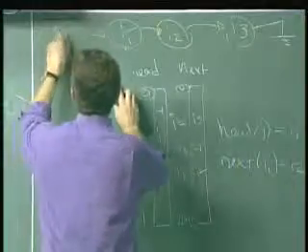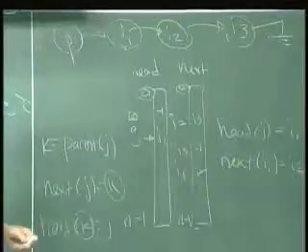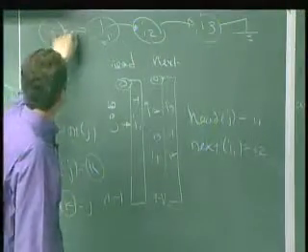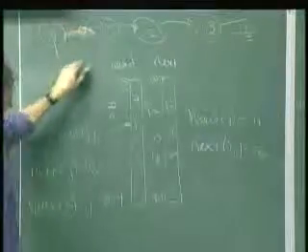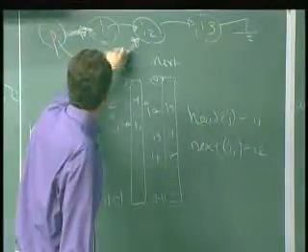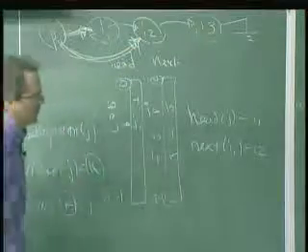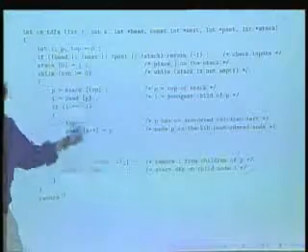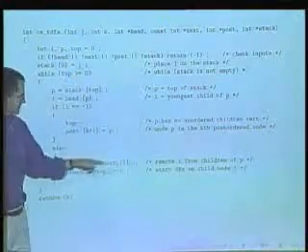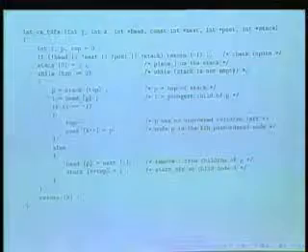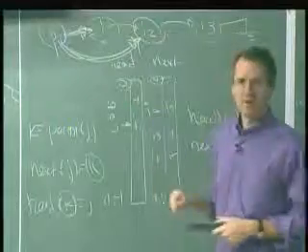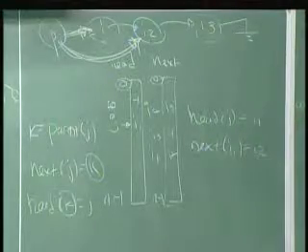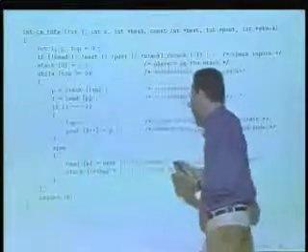So if this is P, and I want to delete the head of this list, I just say the head of P is now the next of the head of P. You see, I is just the head of P. So head of P is the next of the head of P deletes this entry I at the front of the list. So a one-line statement deletes from the head of the list.